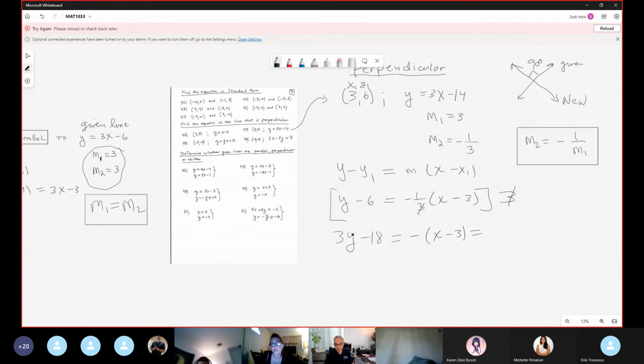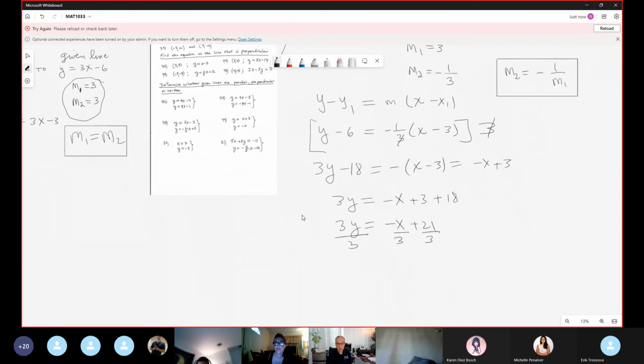Distribute: minus x plus 3, because negative times negative is positive. So 3y is equal to minus x plus 3 plus 18, which is 21. So 3y is equal to minus x plus 21, divided by 3, each term one by one. Okay, cool. Now my equation is y equals negative 1/3 x plus 7, because 21 divided by 3 is 7.